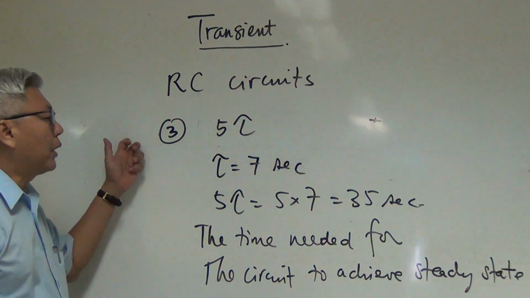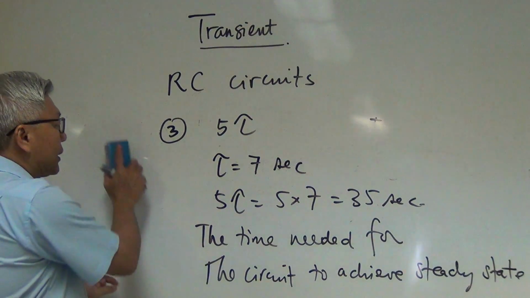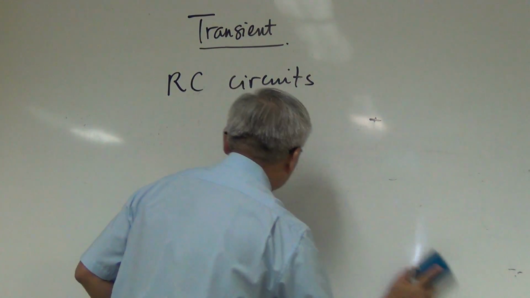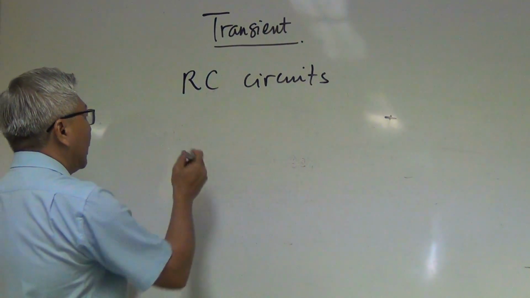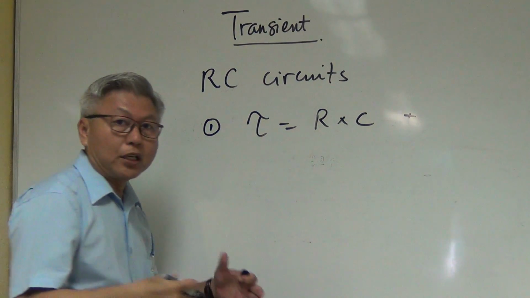Alright, so we have already gone through a few terminologies that I want you to be familiar with in the transient topic. What are they? If you could recall, I started with the formula called time constant. Time constant is R times C, so it's actually a value.